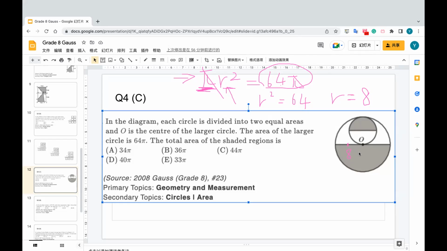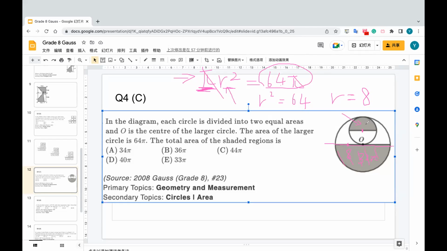So like I said, here is half of the circle, so it's 32 pi. Then we need to figure out this one, the smaller one.